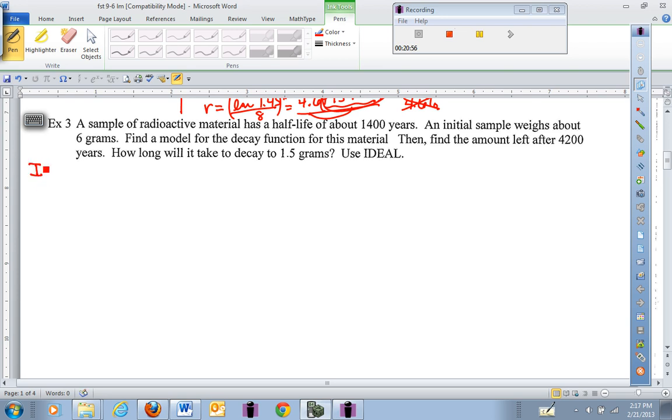The first thing we want to do is find a model for the decay function.